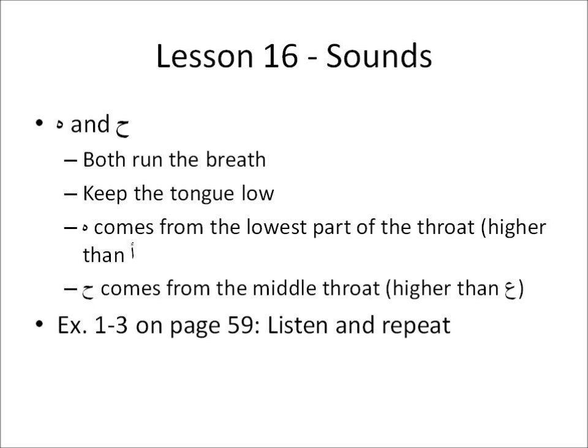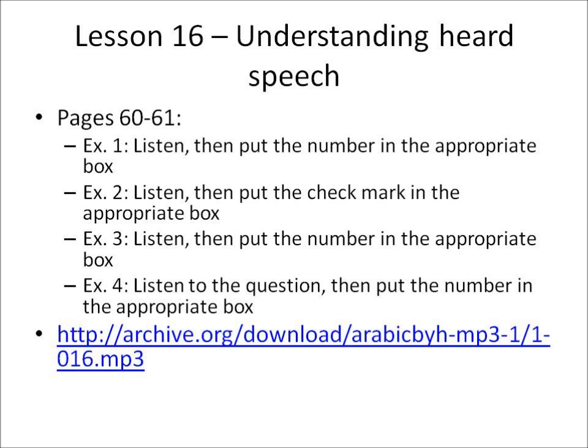These are the 6 letters of the throat, and that's how you can keep the articulation points in order. So for exercises 1 to 3 on page 59, listen to the audio and repeat. On pages 60 and 61, listen to the exercises and then either put the number or the check mark in the appropriate boxes.